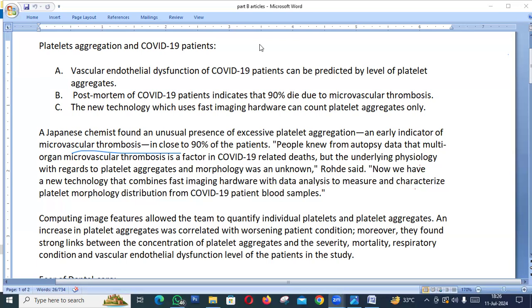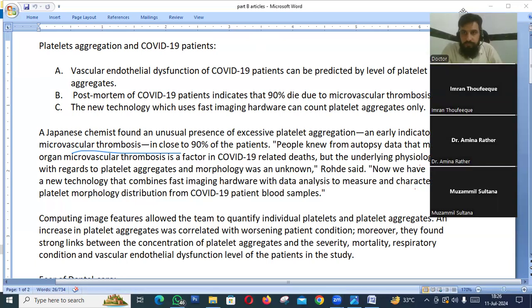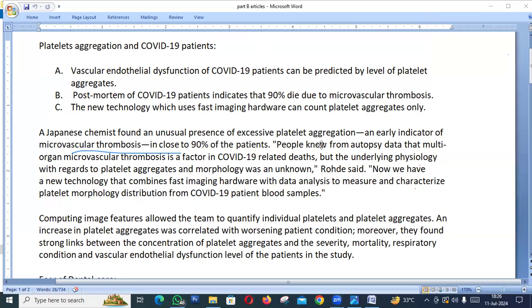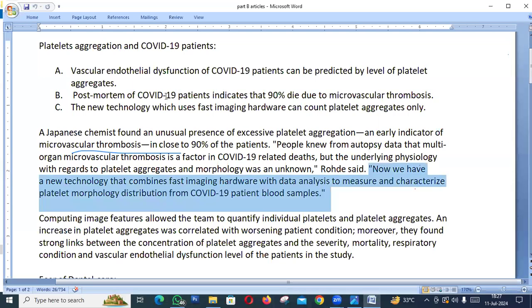Sir, maybe because of this only, because in the answers, the last one is written as only. If you see the paragraph, there is no mention of only. So let us match the keywords. The new technology that is given here uses fast imaging hardware.